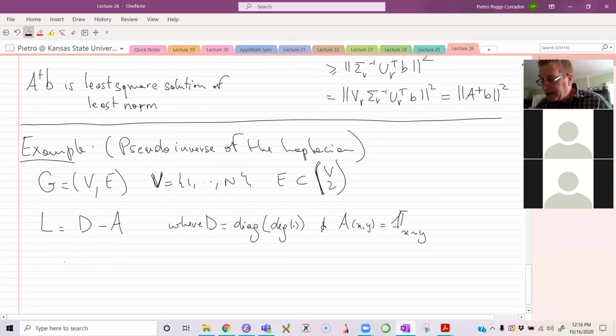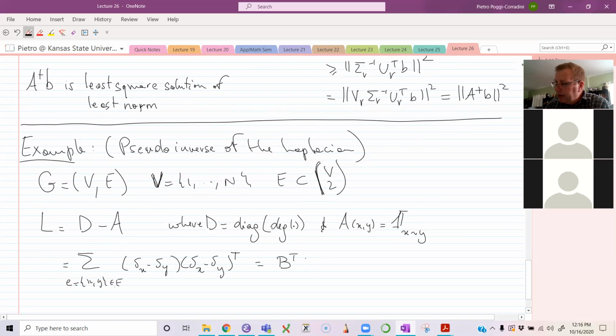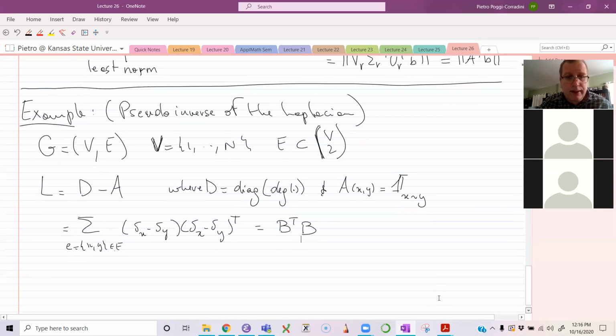Another way of presenting the Laplacian is as a sum over the edges of (delta x minus delta y)(delta x minus delta y) transpose. In this case, we saw, did we see this last time? You can think of this as B transpose B, where B is the gradient matrix.